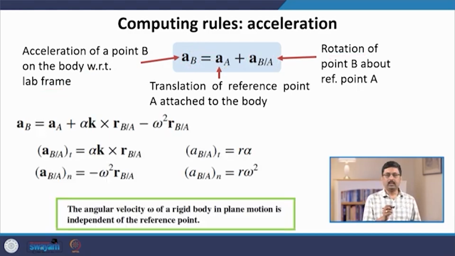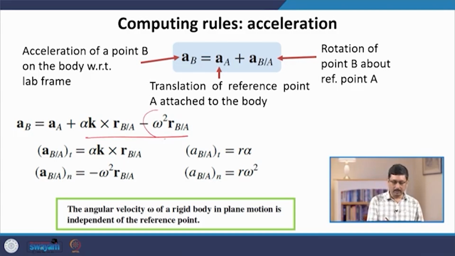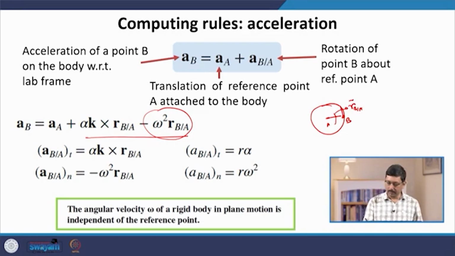I just mentioned that the expression for this relative acceleration of the point B with respect to A has two pieces. Consider a circular motion: this is point A, this is point B, and this is the location of B with respect to A. If B moves in a circle, its direction is continuously changing, so it must feel an acceleration towards the center of the circle, that is towards A, which is this term, the centripetal acceleration.